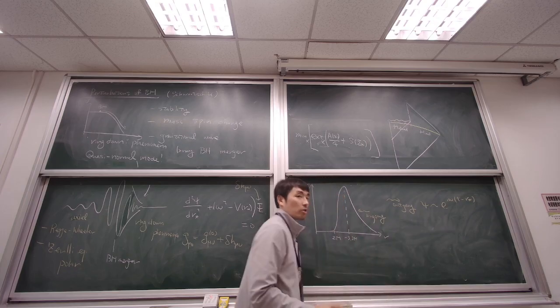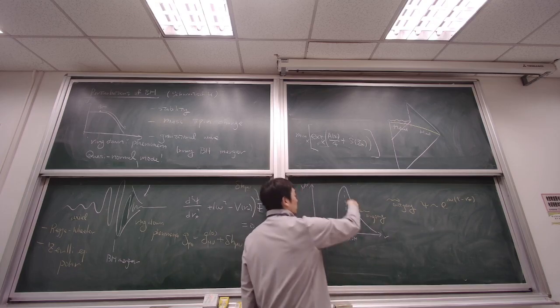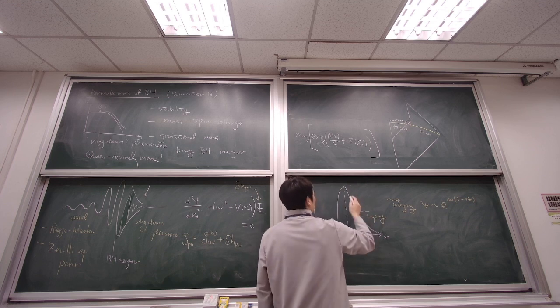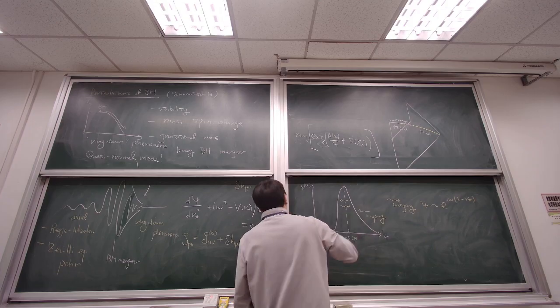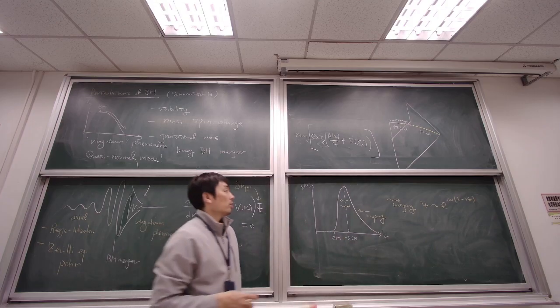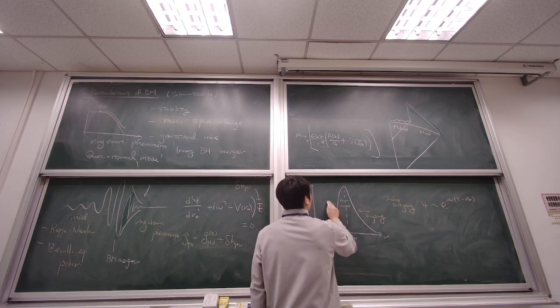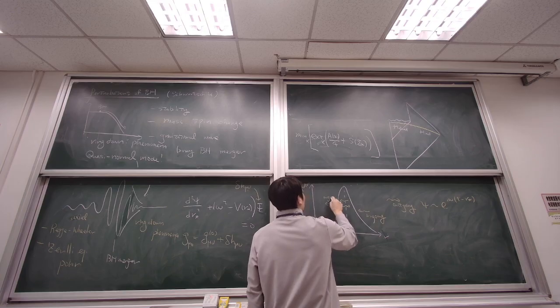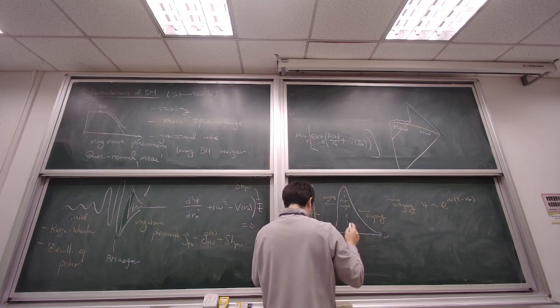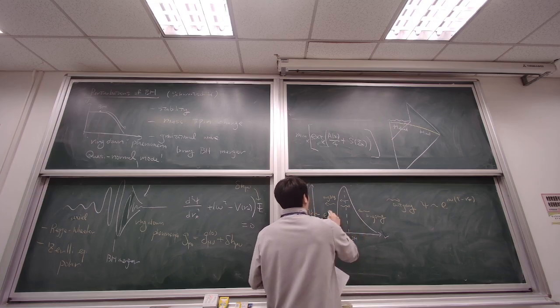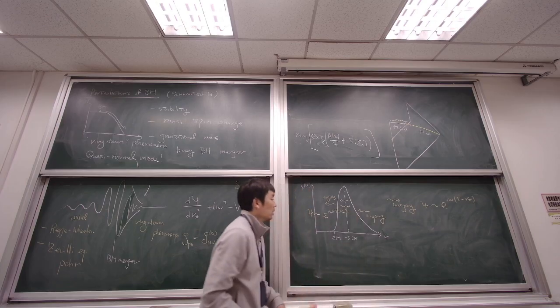Even if you have a potential, the amplitude goes down, but you can still overcome this potential, and at the horizon it becomes only ingoing. Psi is something like e to the i omega (t plus r star). It's the ingoing mode.